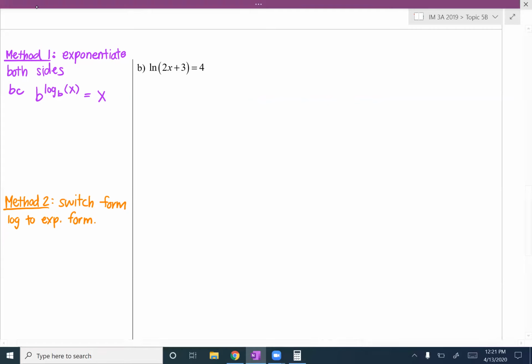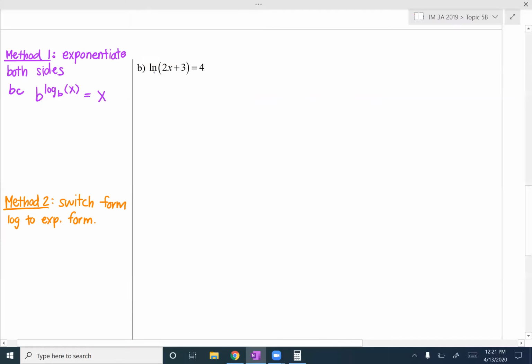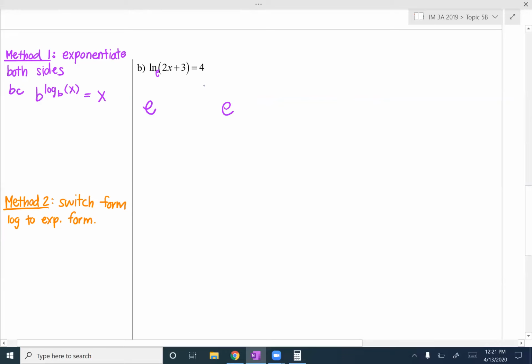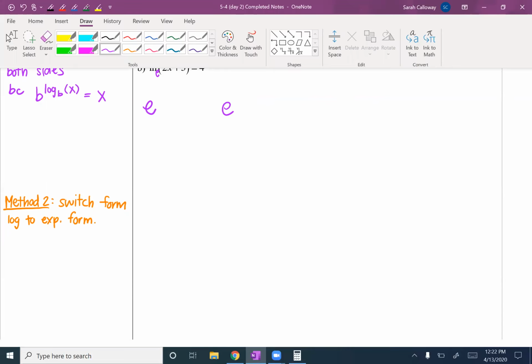So for this problem, ln means it has a base of e, so I'm going to do e as my base on both sides, and the equation that I have is my exponents now.